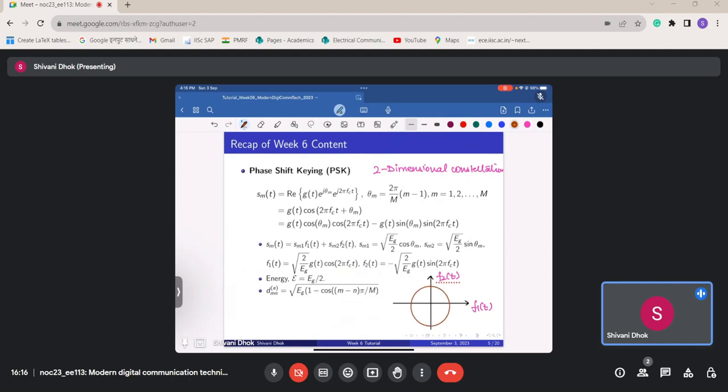And this is a circle, and the radius of this circle is under root Eg by 2, and these constellation points lie on this circle, something like this. So this is how a typical PSK constellation looks.